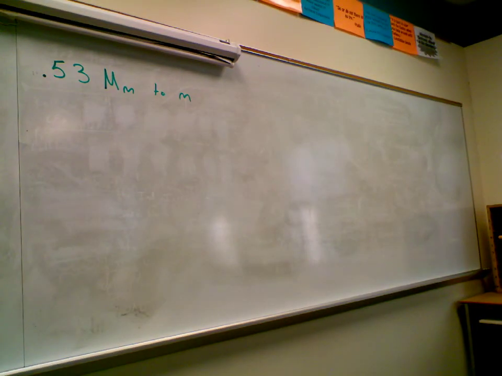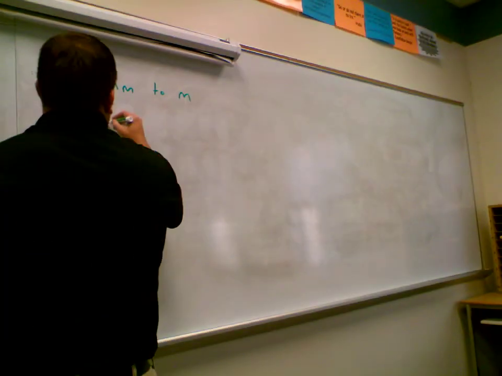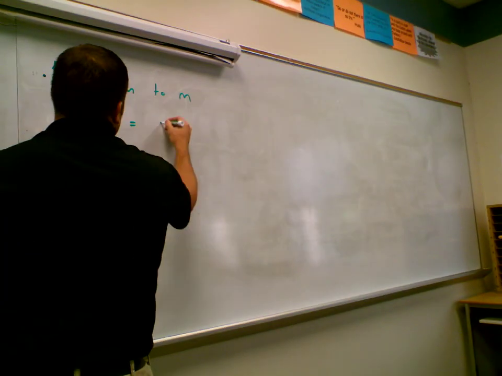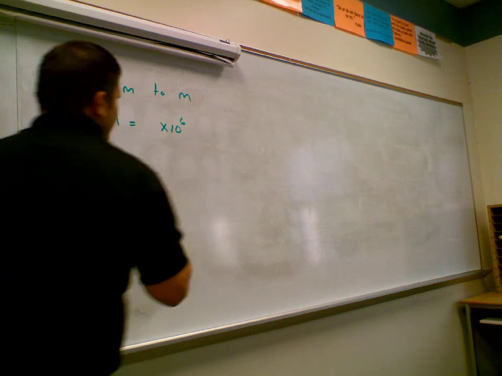So, what's my equality? What do I know about megameters and meters? What's my conversion? Check your table, page 6. 10 to the 6. So that means I know for my table mega equals times 10 to the 6, right?